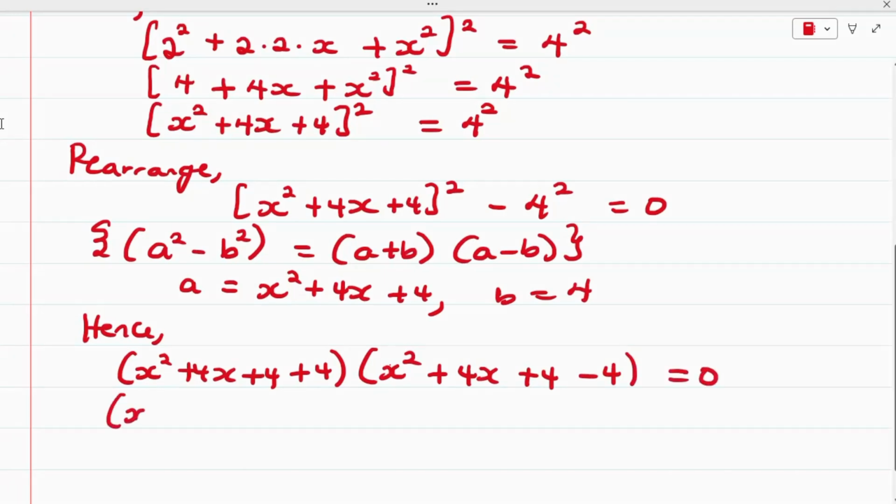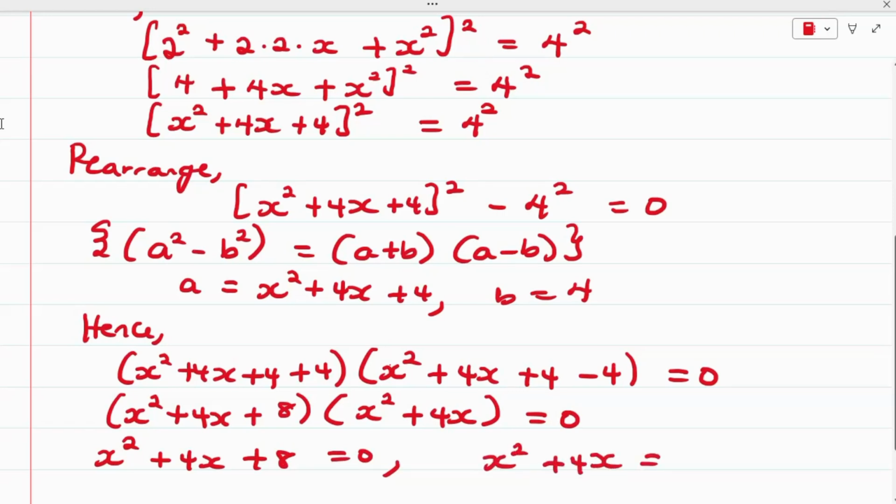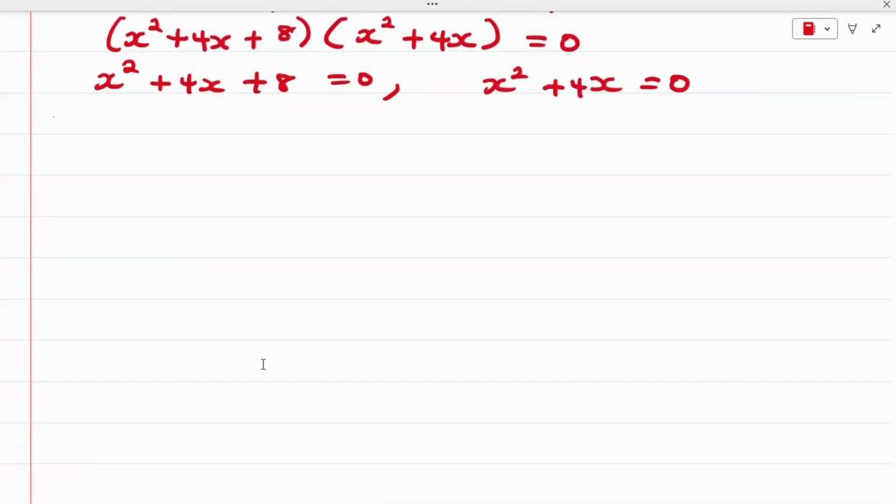So we have this to be (x squared plus 4x plus 8) multiplied by (x squared plus 4x plus 4 minus 4 is 0, so x squared plus 4x), and this is equal to 0.